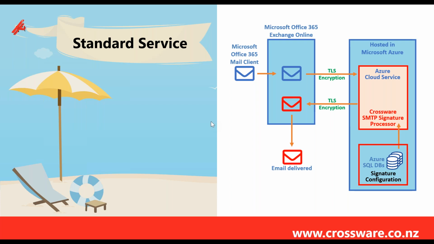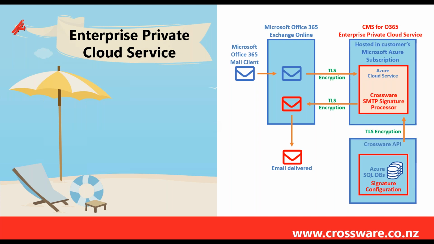And what we've done is we've got our enterprise private cloud solution, which basically takes all the power of the Crossware processing engine, and it packages it as a container and lets the customer deploy that capability into their own Azure subscription. So therefore they can take control over the processing engine and deployment in their own Microsoft Azure tenant.